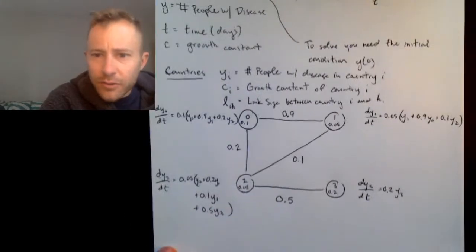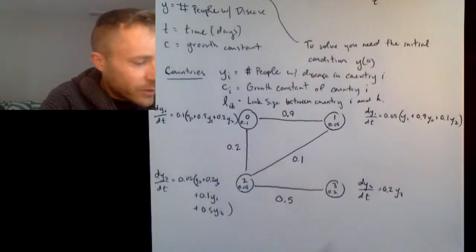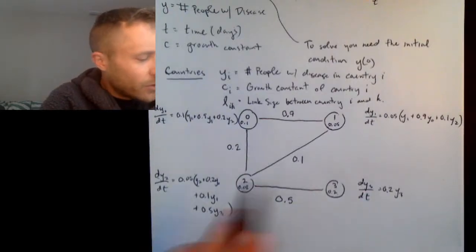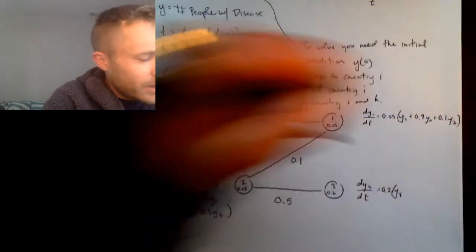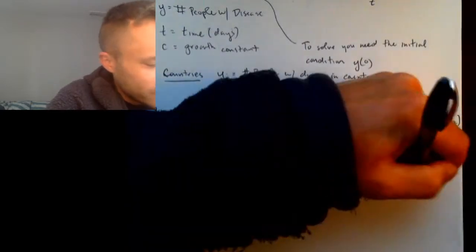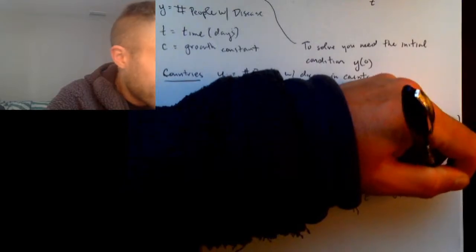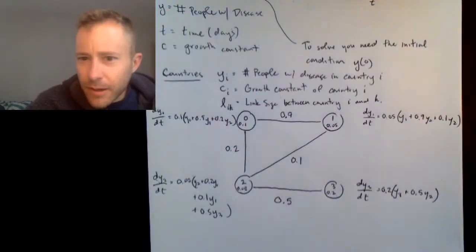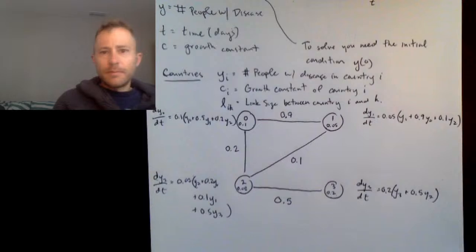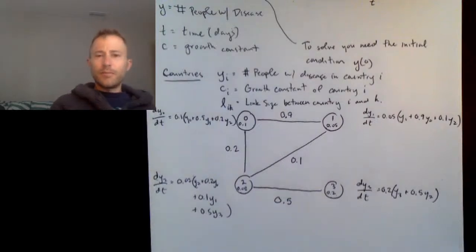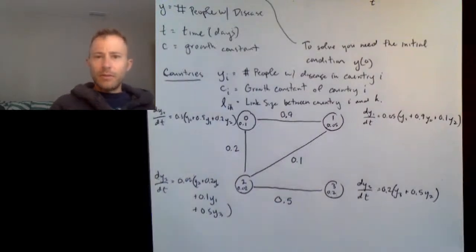And then lastly, we have country 3, which is only connected to country 2, but it has a strong connection with it. Okay? So, there you have it.